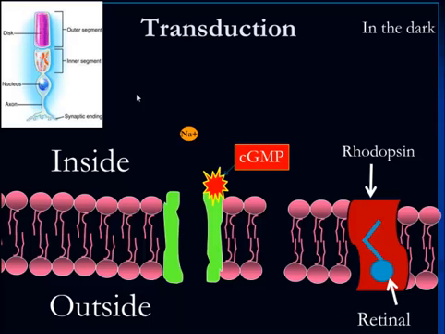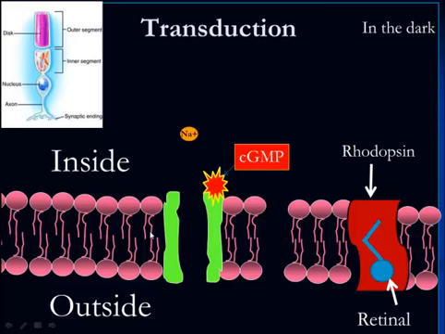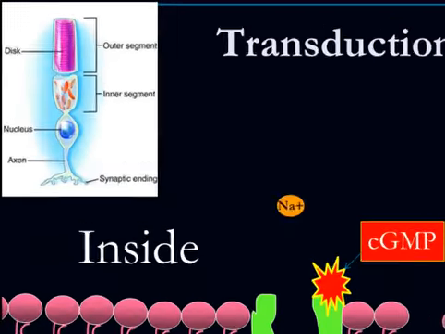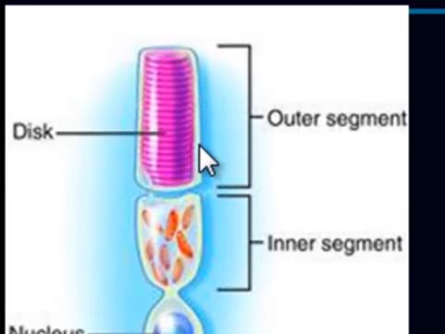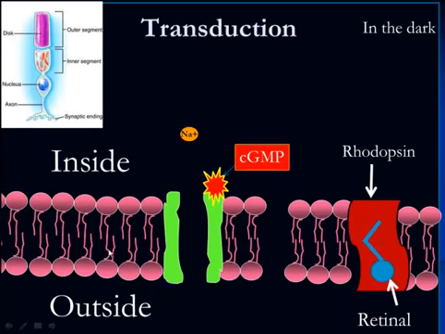So here's a complicated diagram of it, but it's my best shot at animating what is happening. Up here are the outer discs in a rod, right in this section. And here is a rhodopsin molecule in this lipid bilayer in the disc, and here is retinol. On the outer part of the membrane, which is very hard to diagram, you have a constant flow of sodium.